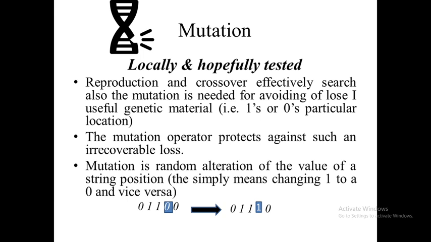After that I generate a random number. If the random number is 4, I put a square and choose the fourth digit, which is 0. I convert that 0 into 1, which is the mutation process. Wherever a 0 or 1 is available, I convert 0 into 1 or 1 into 0, which is the step of mutation.